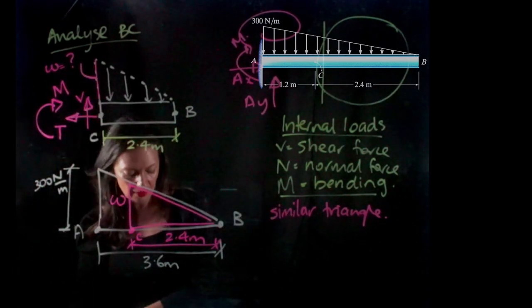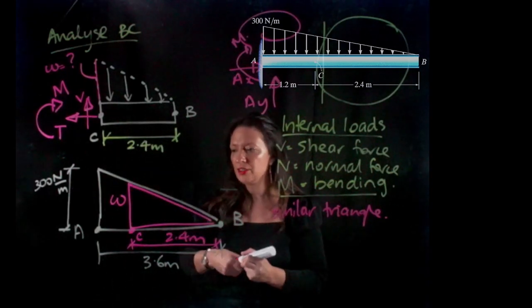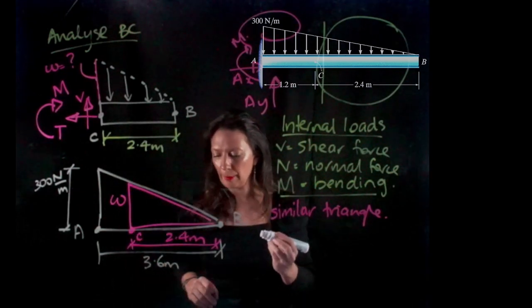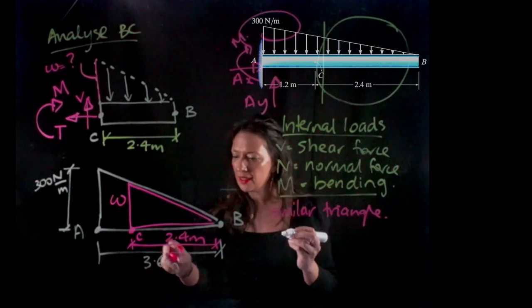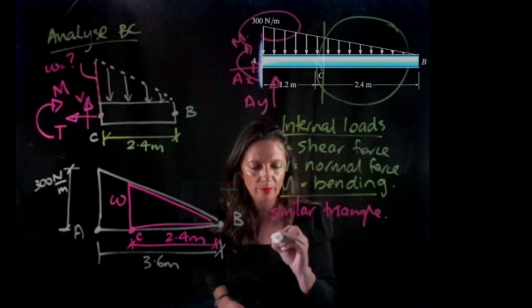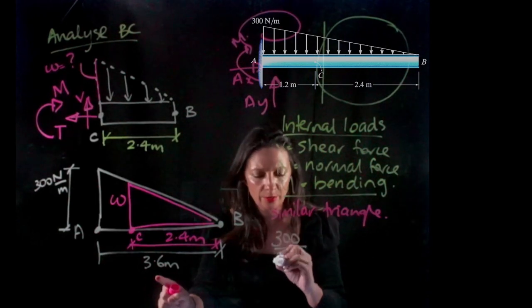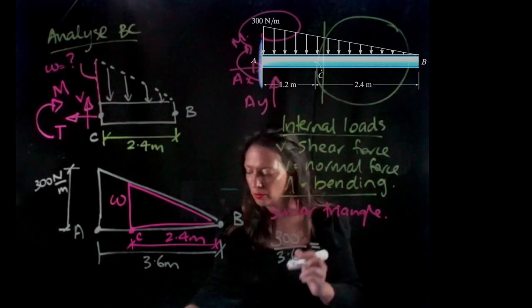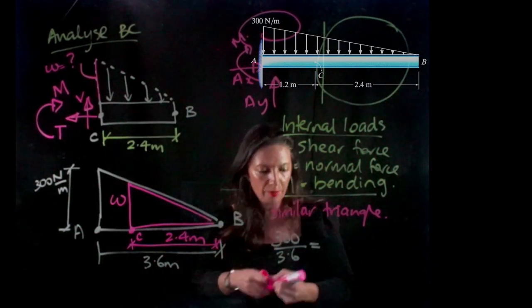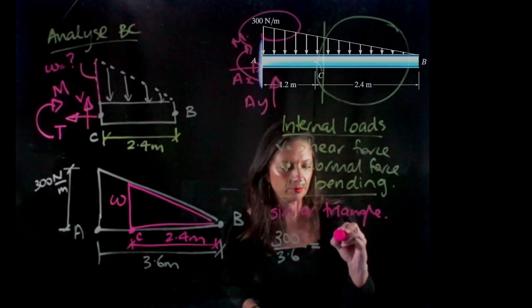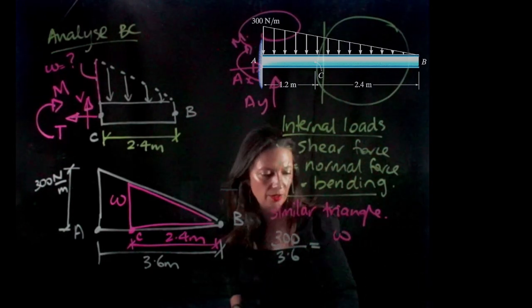I can just take the ratios now and say that 300 on 3.6 is going to equal omega on 2.4.